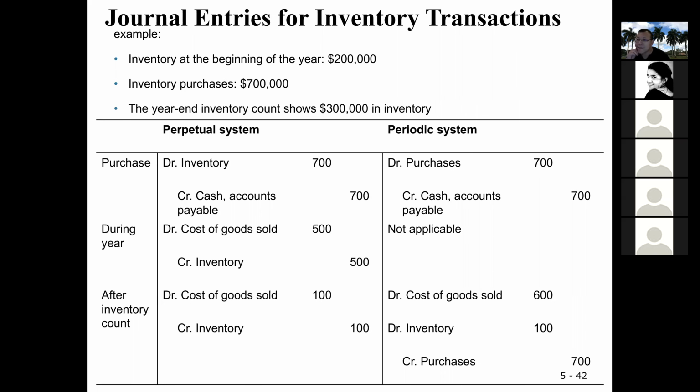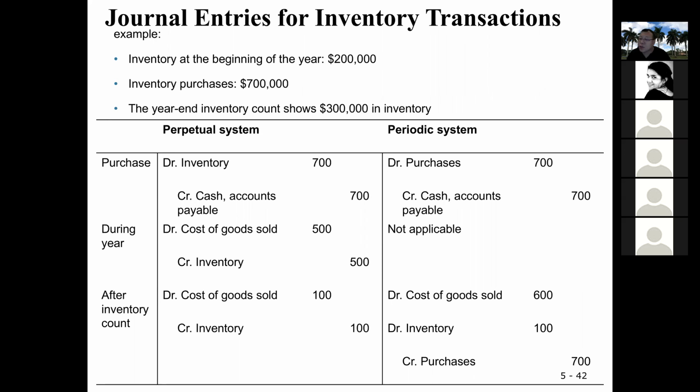Anyone else? I have a question. Go ahead. So between perpetual and periodic, why for purchases in perpetual you debit inventory, but for periodic purchases? So remember, the perpetual system directly keeps track of the inventory level, right?